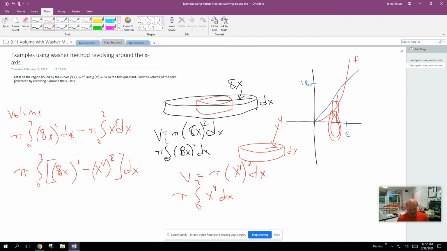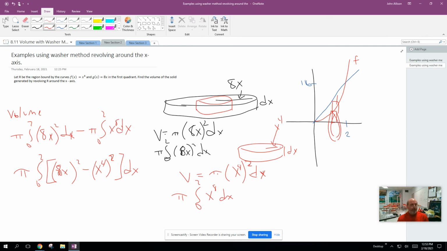So I'm going to do this as pi. Well, we'll just do the integrals first, then we'll multiply by pi. So if I do the integral, I'm doing the two different integrals just because it's easier to do that in the calculator. So it's math 9, integral from 0 to 2.